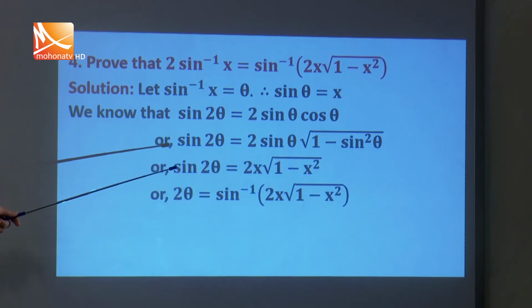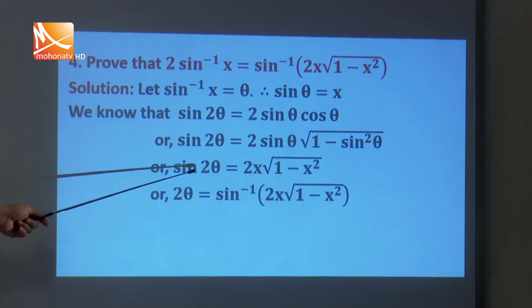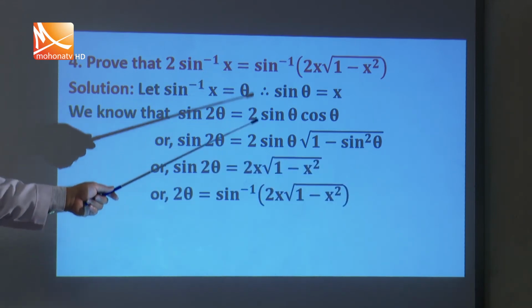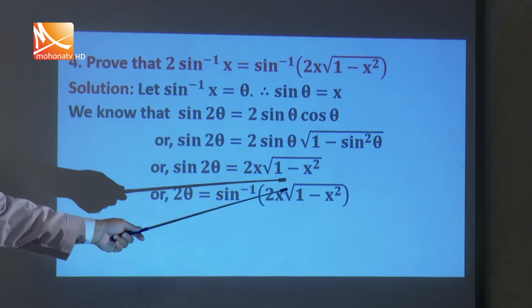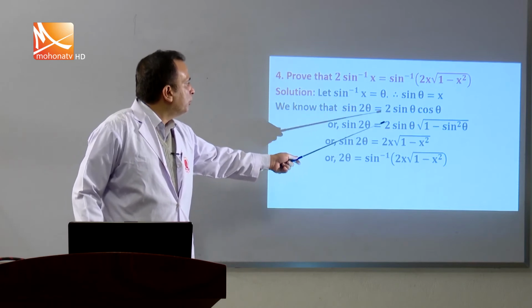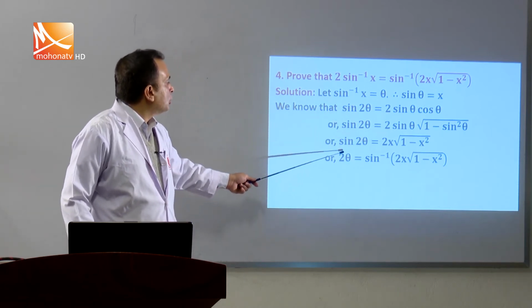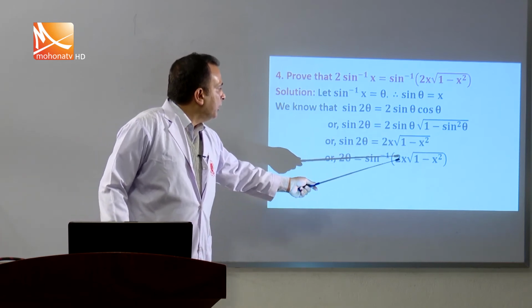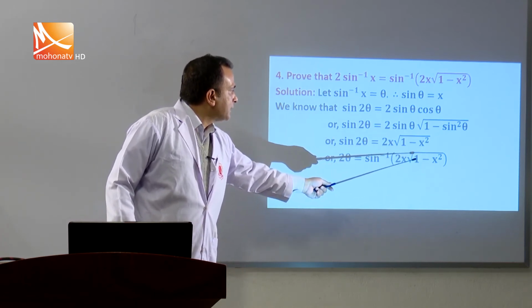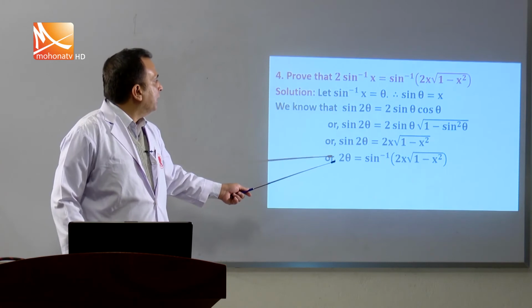Okay. Then next line, sin 2 theta equals, since sin theta equals x, it will be 2x into root over 1 minus x square. Here we are putting the value of sin theta. Okay, so 2 theta equals sin inverse of 2x root over 1 minus x square. What is theta?